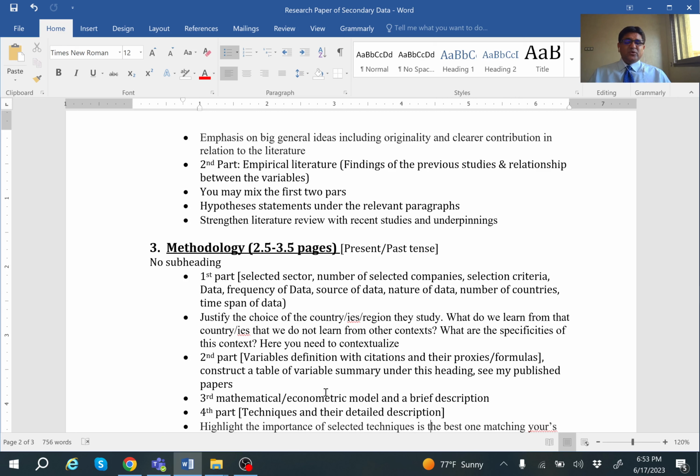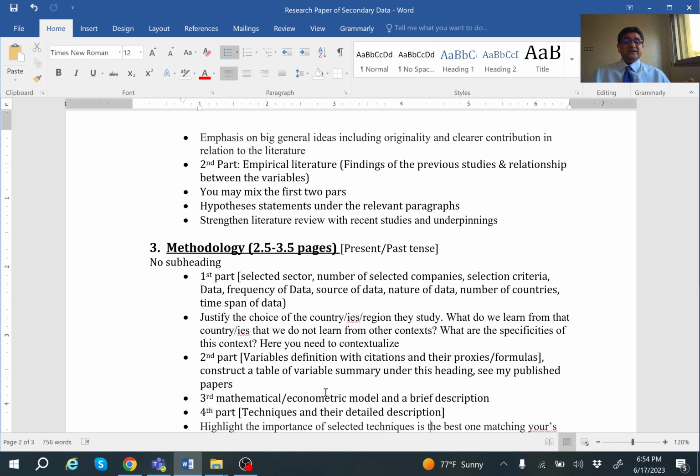this is actually about the data part. What kind of data you have used in your research, from whom you have extracted the data, which countries, which region, which sector you have selected.